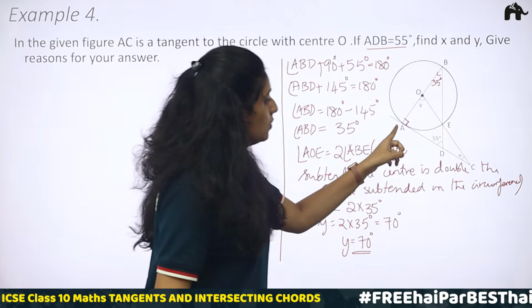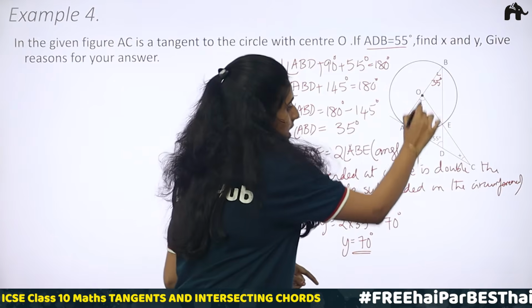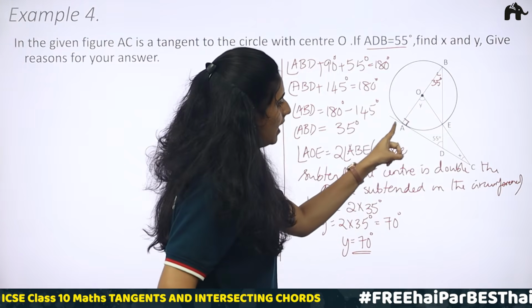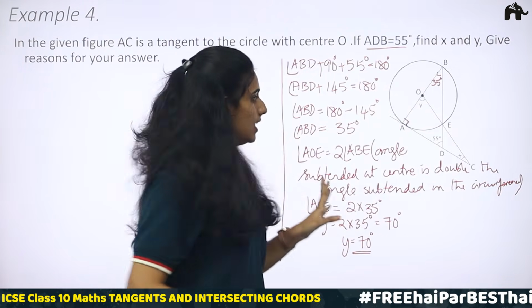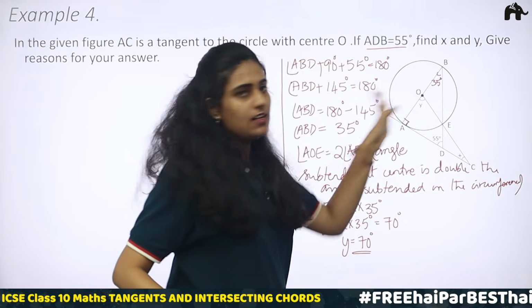Now, take triangle ACO. In ACO we know angle OAC is equal to 90 degrees and AOC is angle Y, which is equal to 70 degrees.